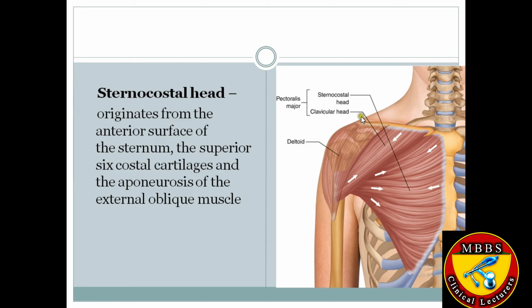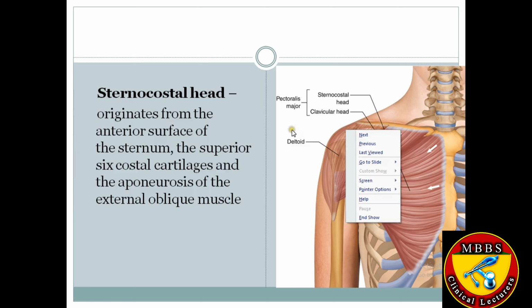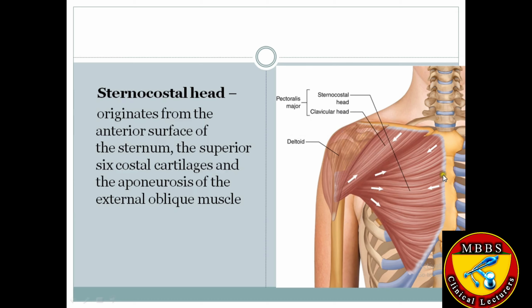Then comes the sternocostal head. The sternocostal head of the pectoralis major originates from the anterior surface of the sternum, the superior 6 costal cartilages, and the aponeurosis of the external oblique muscle. What are the costal cartilages? Costal cartilages are hyaline cartilages that help to prolong the ribs forward and contribute to the elasticity of the walls of the thorax.